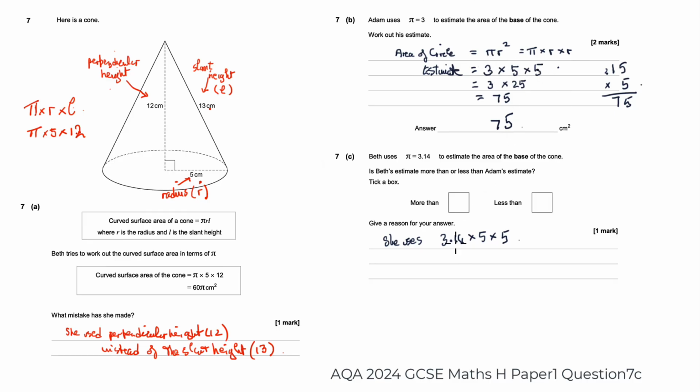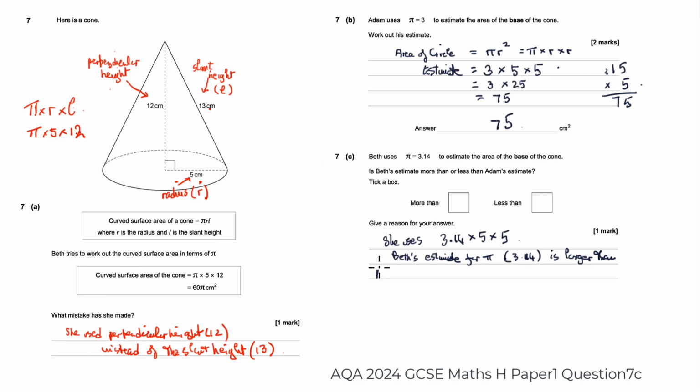Now you'll notice she's using a larger estimate for pi than Adam was. Beth's estimate for pi, that's 3.14, is larger than Adam's.